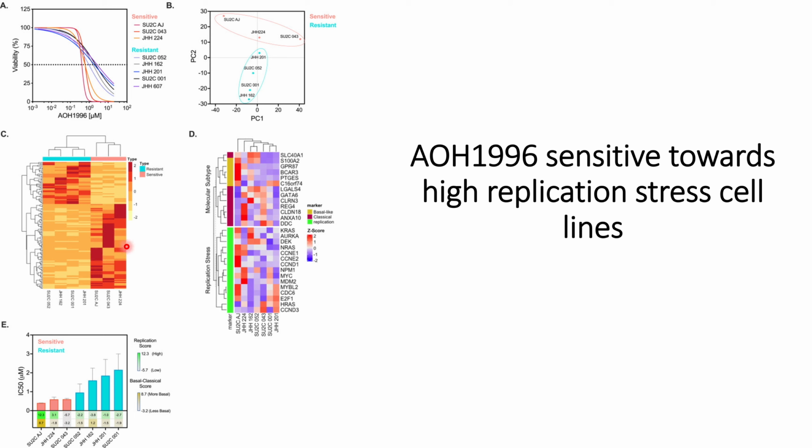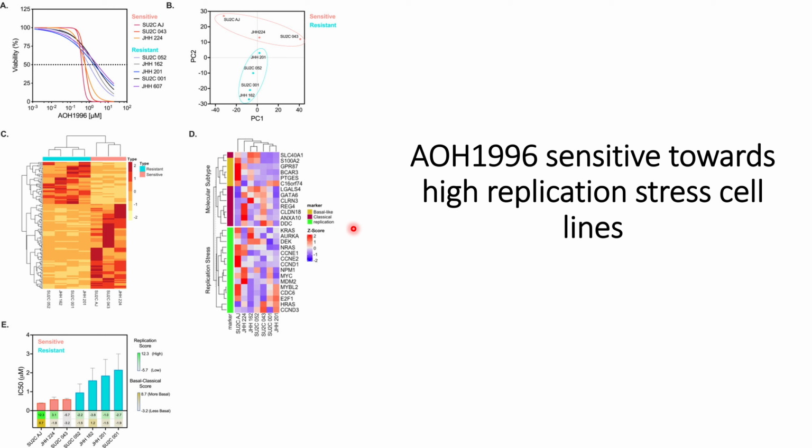When they did their gene transcriptomic analysis, they were able to categorize these cell lines based on the gene markers that are differentially regulated in the sensitive and resistant cell lines, and the categories are basal-like cell lines, classical cell lines, and replication cell lines.